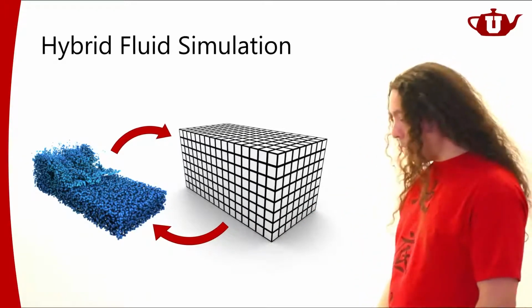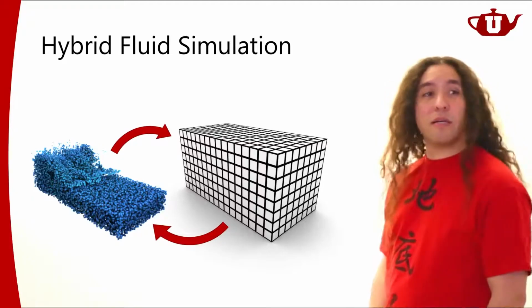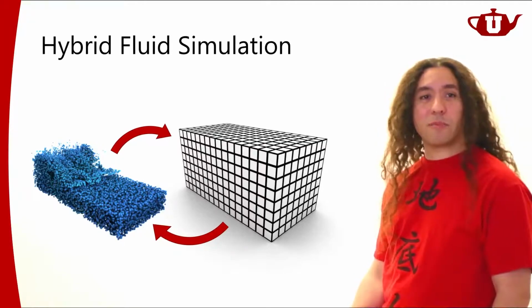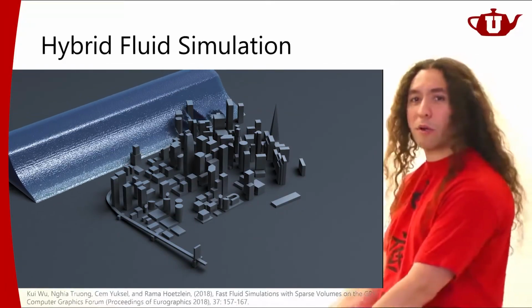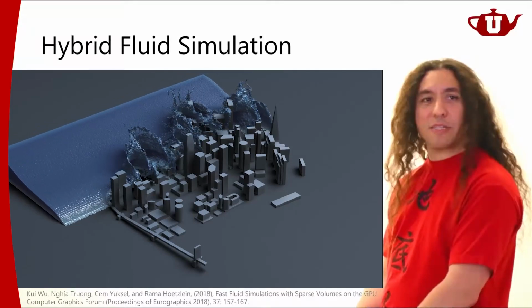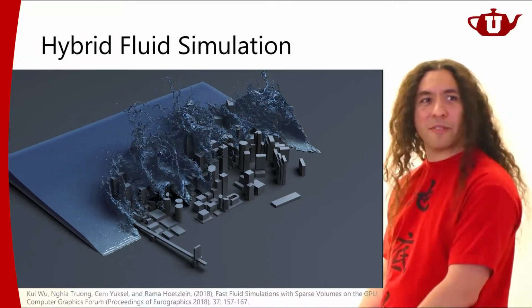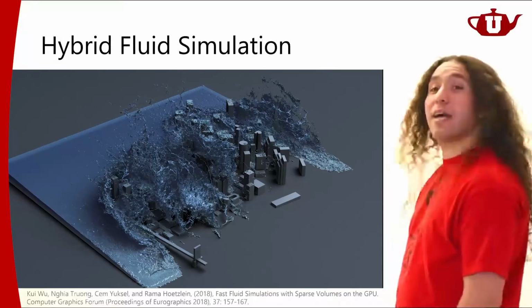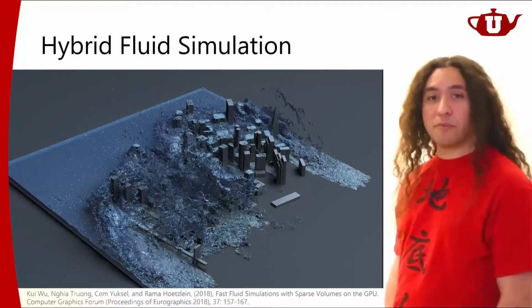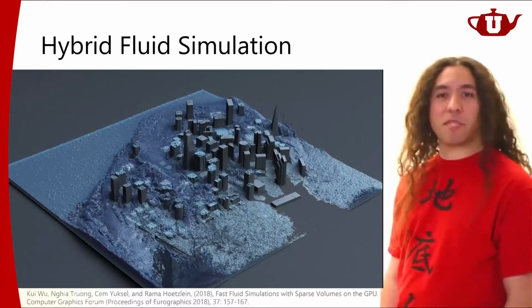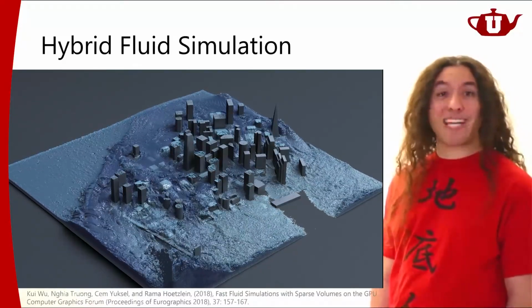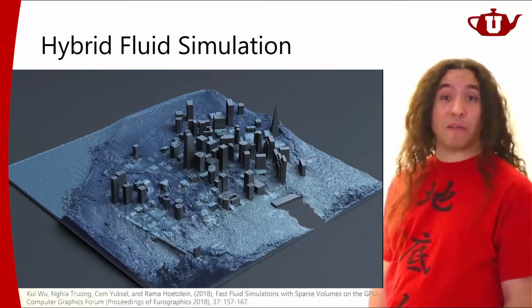Now I'm going to show you an example of hybrid fluid simulation that we used in one of my early works here. It's a collaboration with NVIDIA folks. So this is computed on the GPU using a sparse grid structure. So that the advantage of the sparse grid structure is that we don't have to explicitly store every cell of the grid.